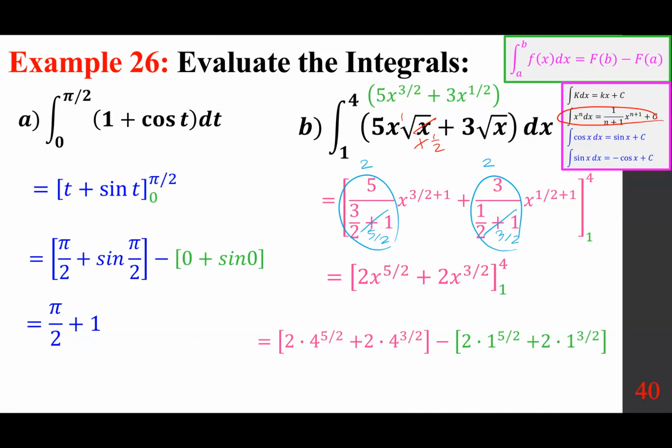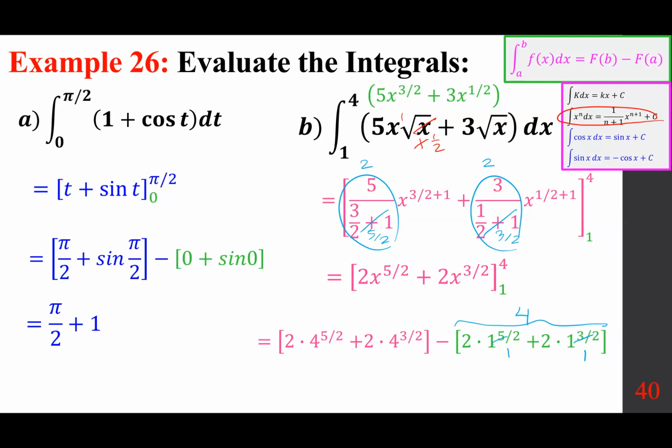Let's see what happens. First and foremost, 1 to the power of 5/2 or 3/2 is 1. So this is 1, this is 1. So 2 and 2, this whole thing is 2 plus 2, 4. So that I want to get it out of the way. It's very fast. Again, this is our elementary algebra.